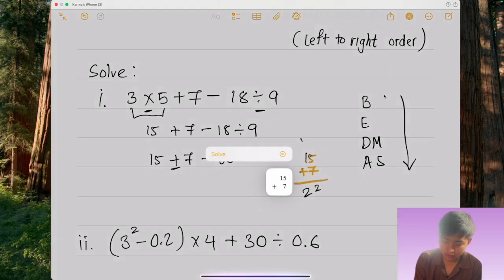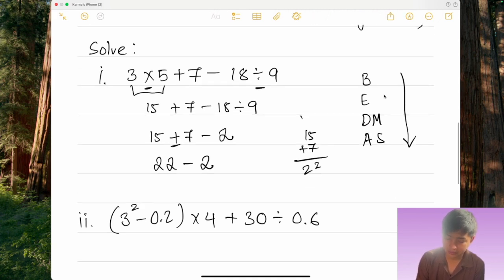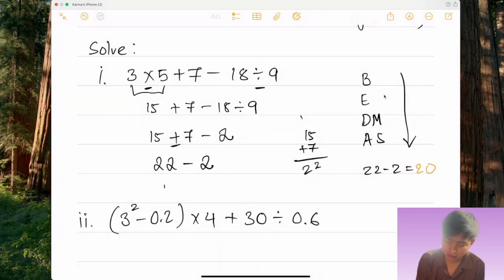So 22 minus 2, and at the end it's just 22 minus 2, so we solve 22 minus 2 and we get 20.